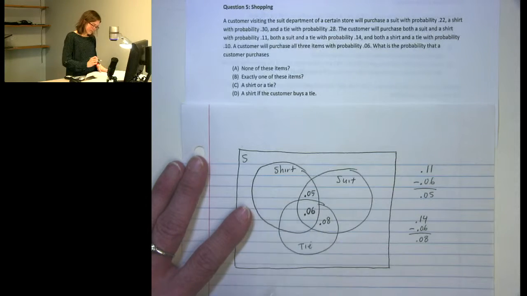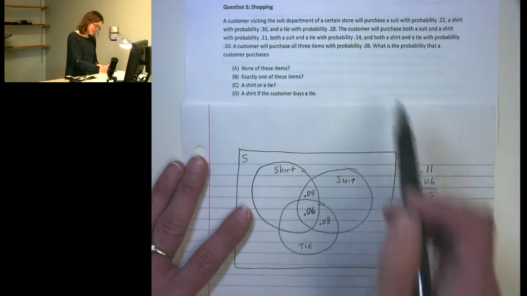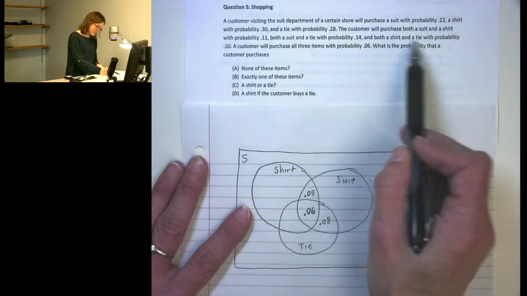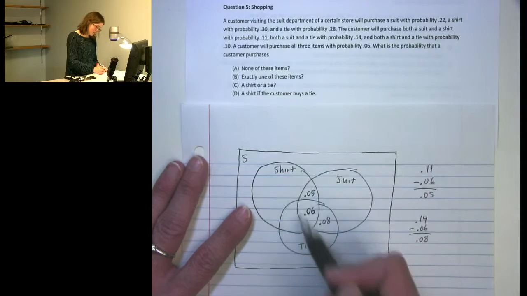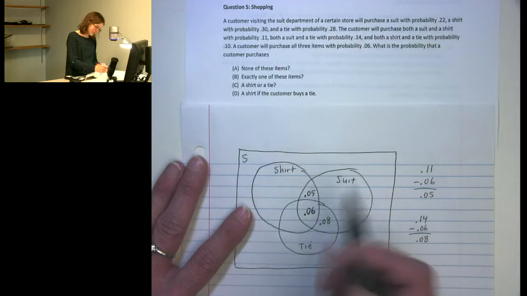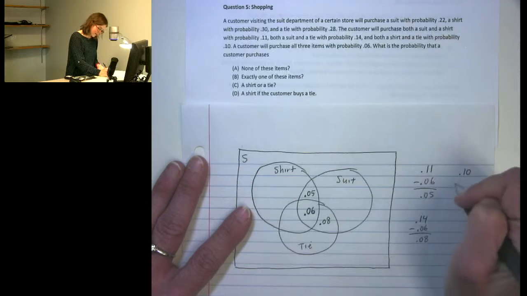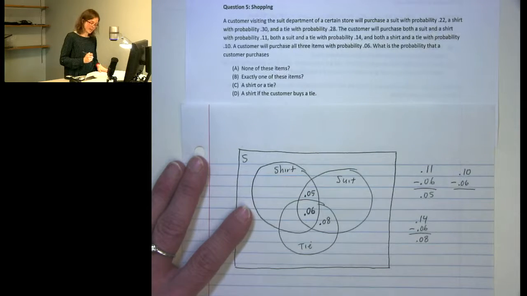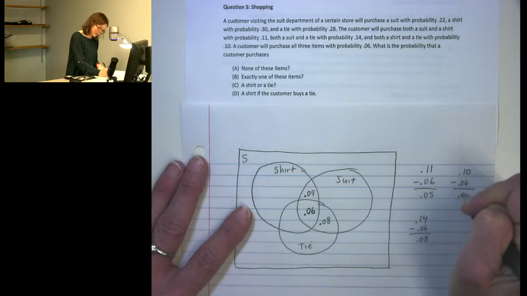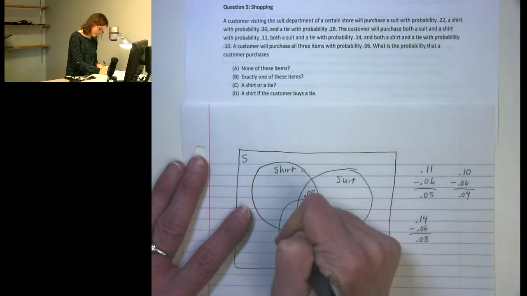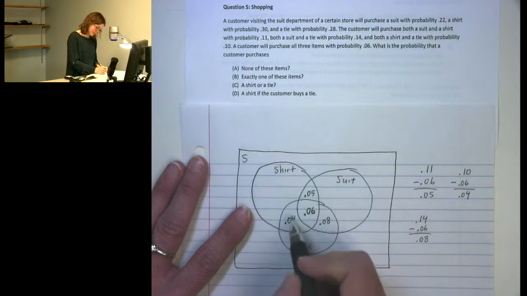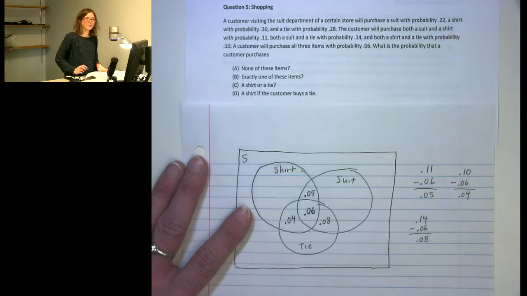Then the next intersection: both a shirt and a tie with probability 0.10. I know the total I need there is 0.10. I already have 0.06 in the 3-way intersection. That leaves me with 0.04 as the probability of purchasing a shirt and a tie but not a suit.